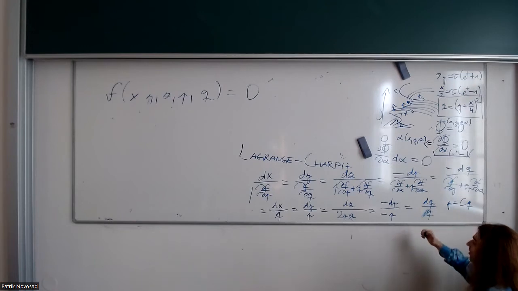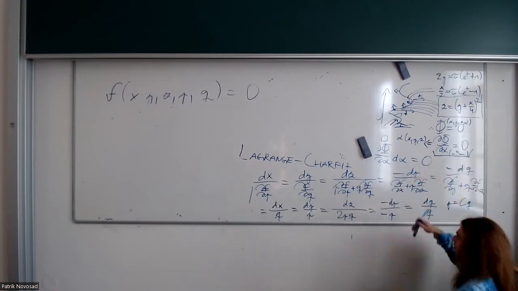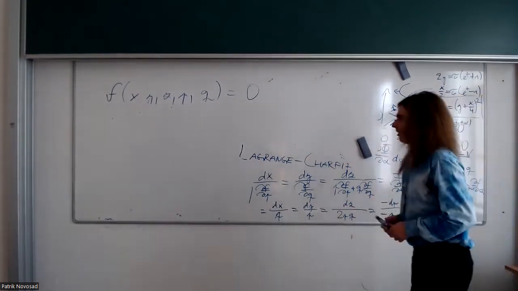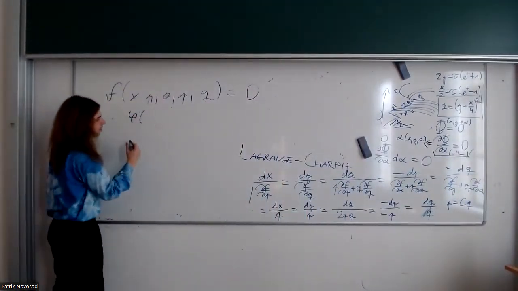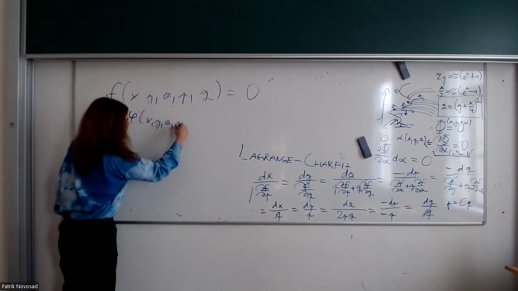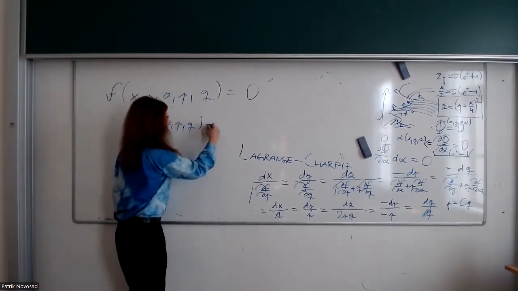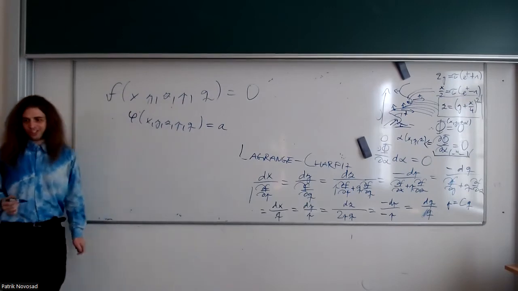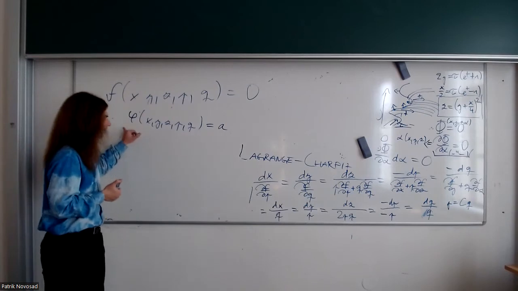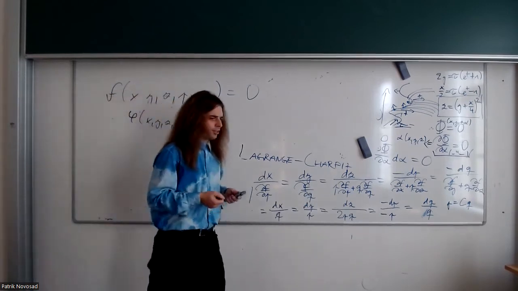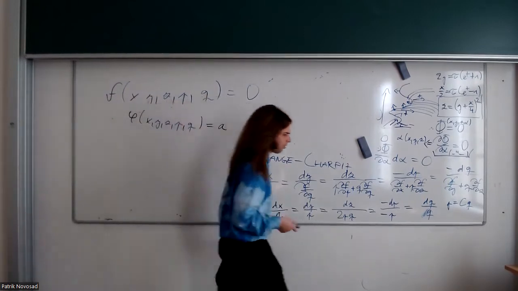So let's say that I am able to spot such an integral combination in these equations, and let's say that I integrate it, and I obtain some function of x, y, z, p, and q, which, after doing the integration, will be equal to some integration constant a. And now, when I have such a function, I can actually use a simple trick to obtain a complete integral. How do I do that?